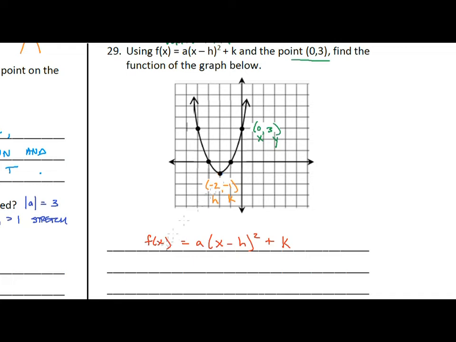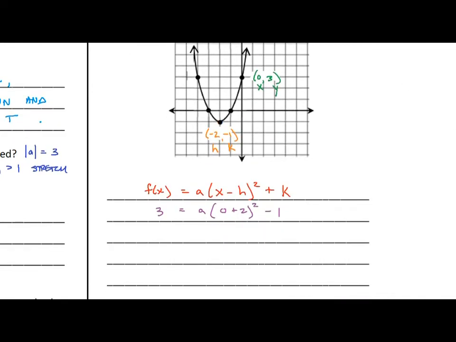So our y value is over here, that's 3, equals a, we don't know what a is, x is equal to 0. H is negative 2, but remember when h goes into the equation, because there's a subtraction here, it will change to positive 2 squared, and then our k value is negative 1. So far so good.